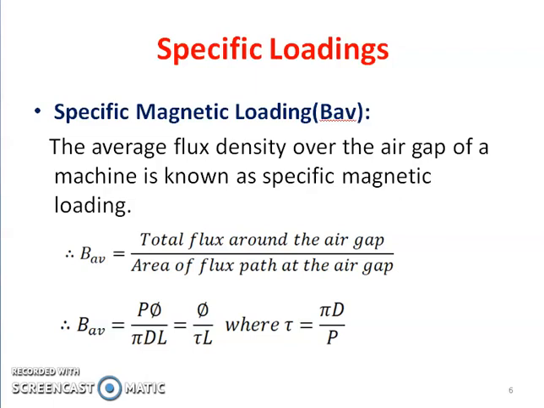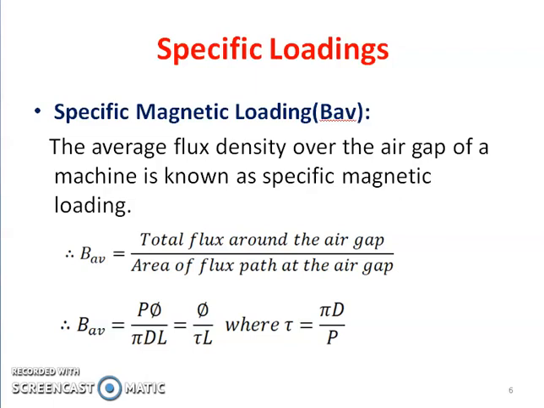Generally, we define flux density as flux per unit area. So on the same basis, this specific magnetic loading B average is taken as ratio of total flux around the air gap to area of flux path at the air gap.